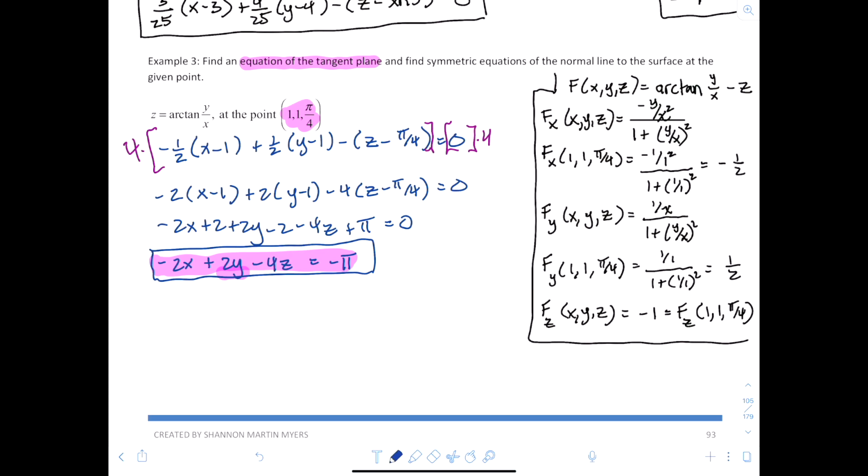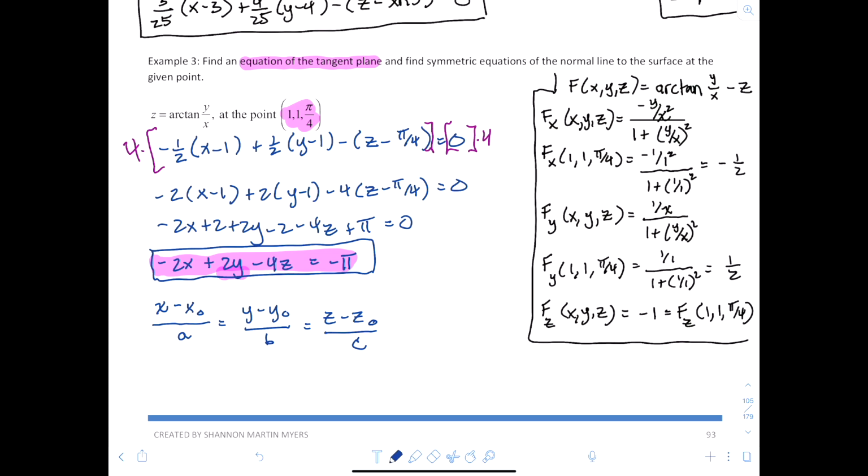So to find the symmetric equations, what do we need to do? Remember that you've got x minus x0 over a is equal to y minus y0 over b, which is equal to z minus z0 over c. Well, if you recall, our a, b, and c, now that we've got it in this format, are the coefficients of x, y, and z.